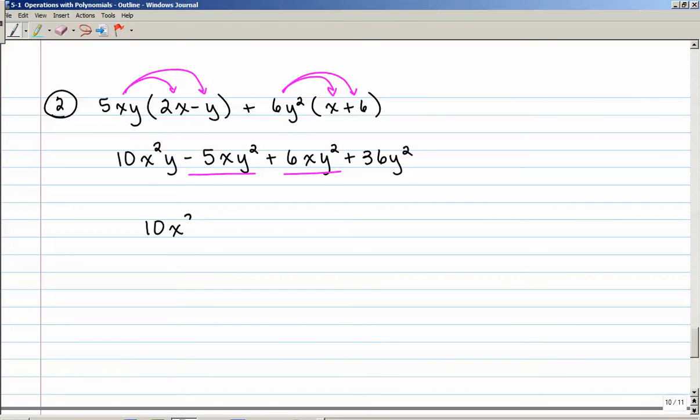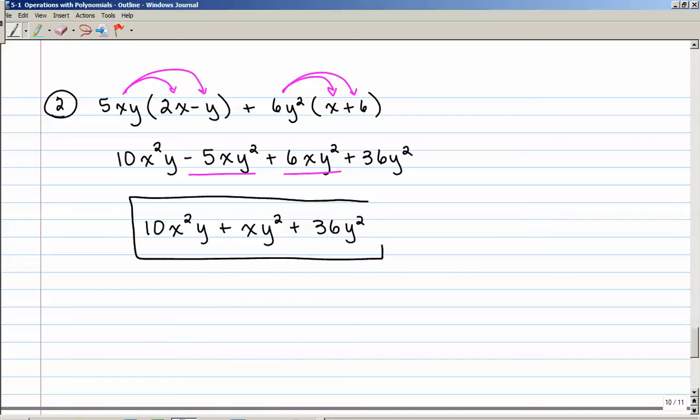So 10x squared y, and negative 5 plus 6 gives me a positive 1 xy squared plus 36y squared. Remember, you can only combine the terms that have exactly the same variables raised to exactly the same powers.